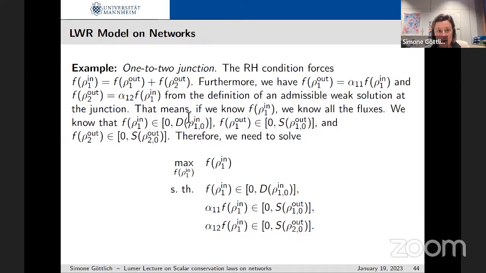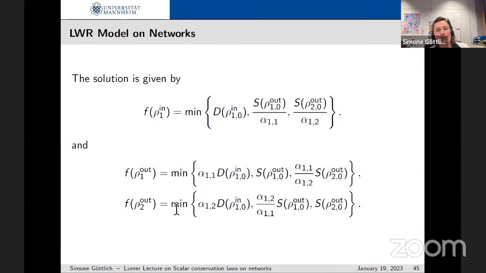And we also know, as I told you, we have some bounds on these different fluxes in terms of the demand for the incoming flux and the supply for the outgoing fluxes. Therefore, the optimization problem at the junction we have to solve is given by this problem here, which is in fact nothing else than a linear program. For this simple 1-to-2 junction, we can write down the solution explicitly.